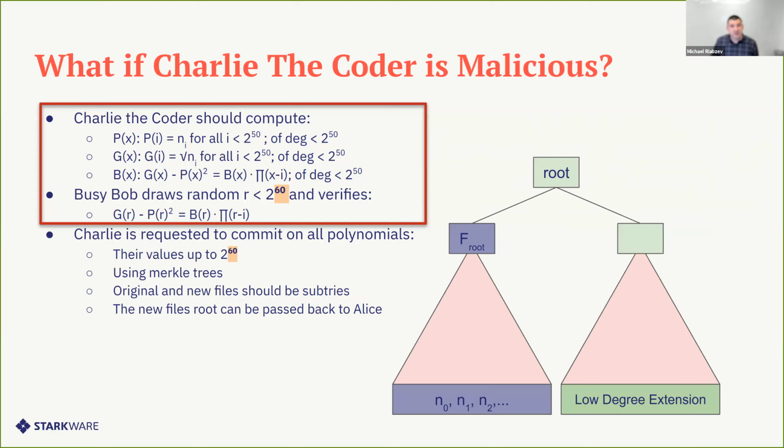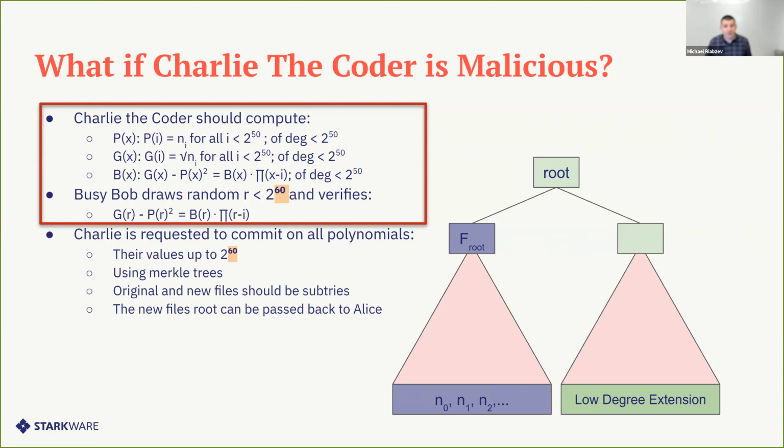So in this case, Bob could ask Charlie not to answer interactively to the questions just by evaluating the polynomial, but in advance evaluating all the polynomials over the domain of 0 to 2 to the 60 and commit to them using a Merkle tree.